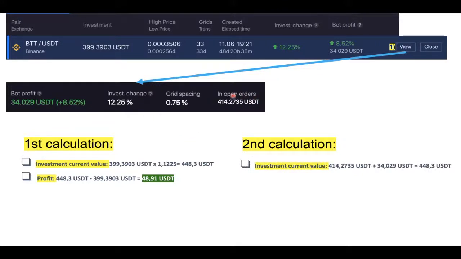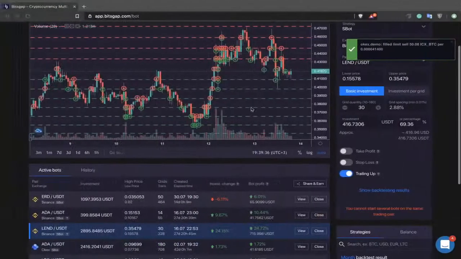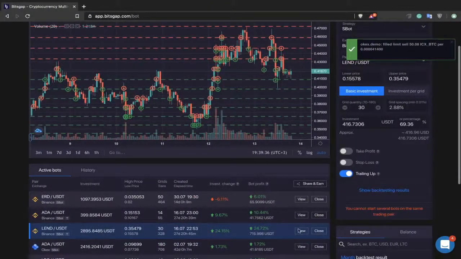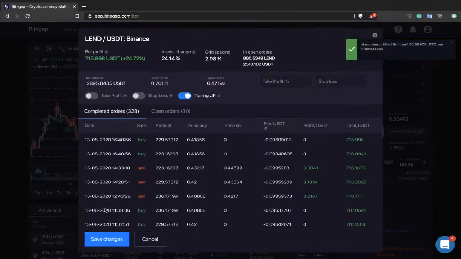And the second method is by taking the amount in the open orders, and in order to get this data, you click on view. Okay, so the page is lagging. Yeah, so you click on view and you see you have in open order some base currency and USDT. So if you add it up together, this will be your current investment value.